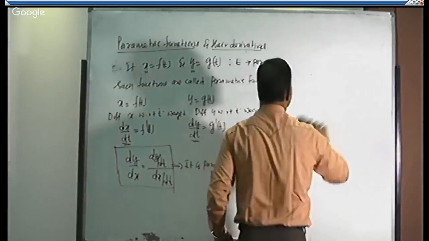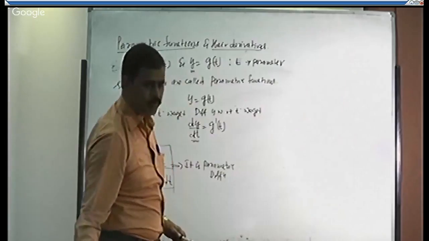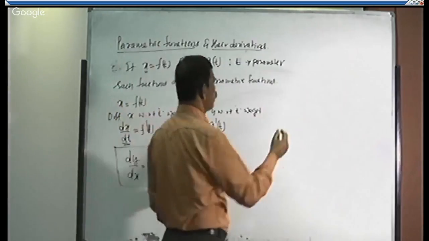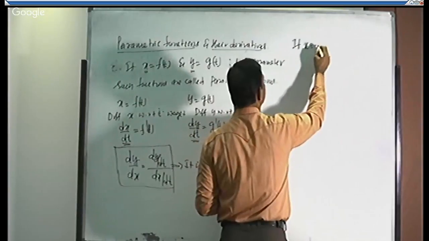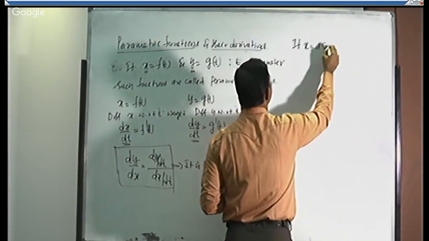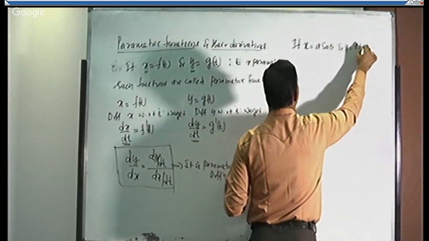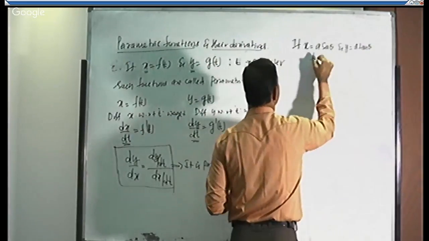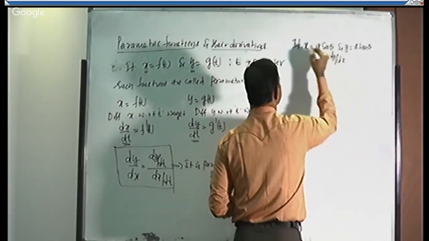So I'll give you examples. It's most important. Definitely one question will be there in the examination. If x is equal to a secant theta and y is equal to a tan theta, find dy by dx.